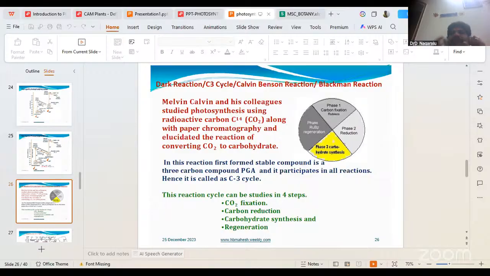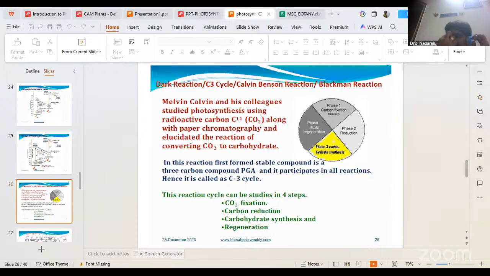The C4 plants are more carbon absorbing plants than the C3 plant. Whereas in the C3 plant, carbon fixation takes place with RuBP, in the C4 plant carbon fixation is done by phosphoenol pyruvic acid.